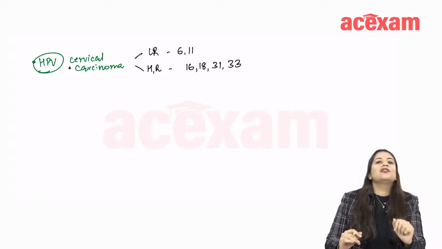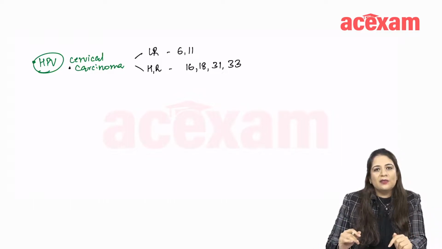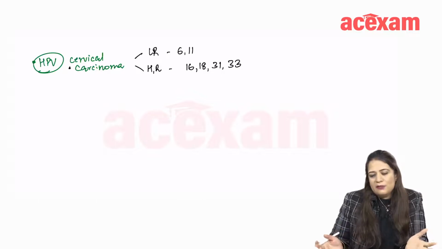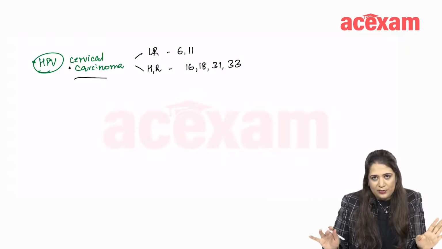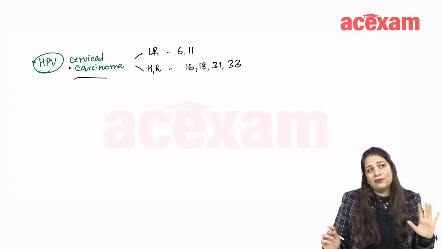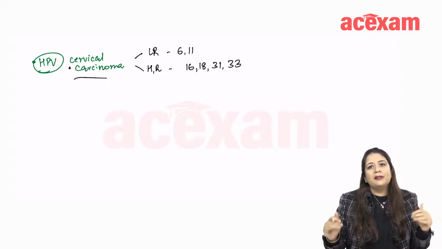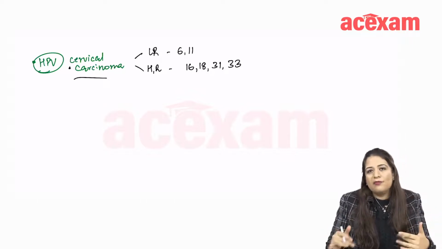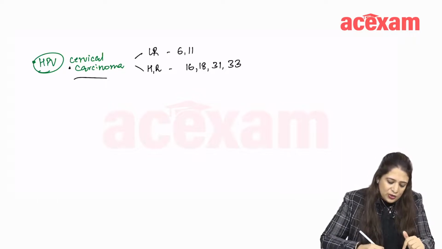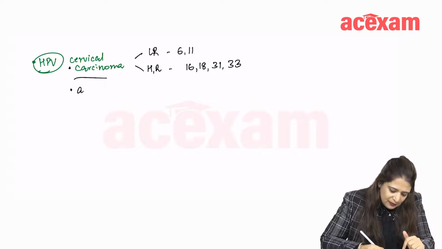So they may not ask you that HPV is associated with cervical carcinoma, and they may ask you which is associated with HPV, and either you won't get the cervical carcinoma in options, or you might get these kind of questions in which you have to answer multiple options, right? So it is also associated with anogenital lesions.